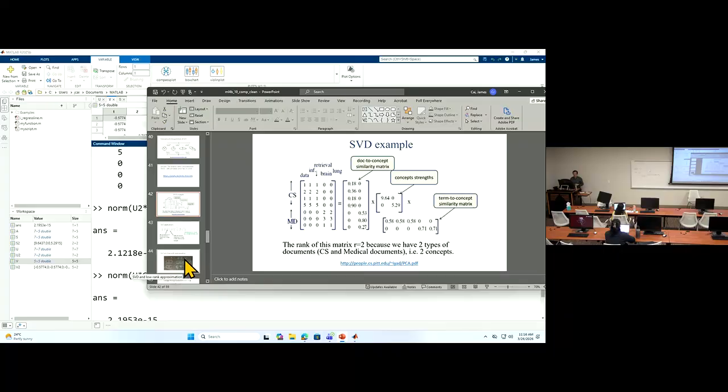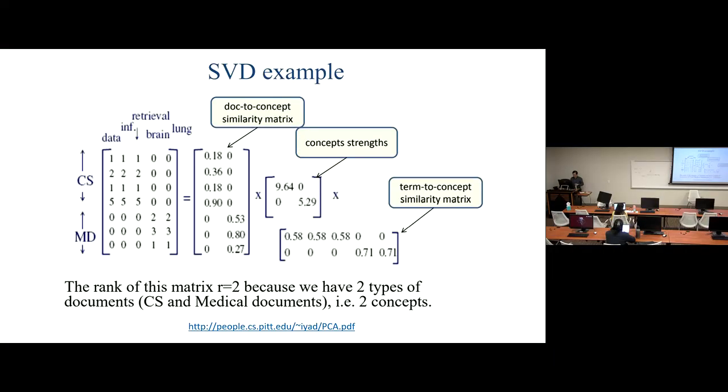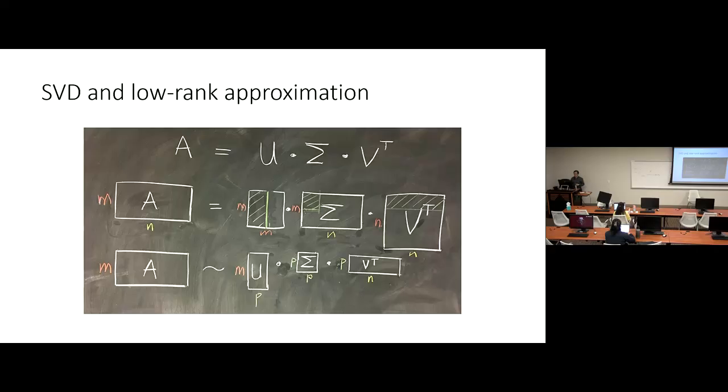Any questions? No? I think the illustration here is what we just described. So this A matrix will be decomposed into m by m, n by n.